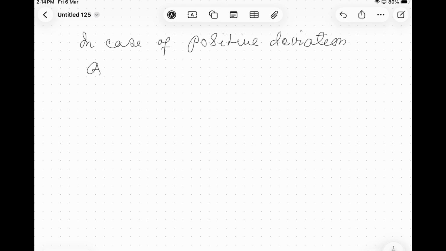Here, in case of positive deviation, number one, AB force of attraction is weaker than A-A or B-B.